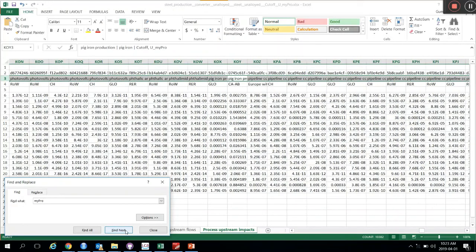If we go to our next MyPro, which is pig iron production, we see its direct plus everything upstream of it is contributing 1.54. So if you wanted to ask the question, what is all the impact from pig iron and above, what is it responsible for, you get 1.54.